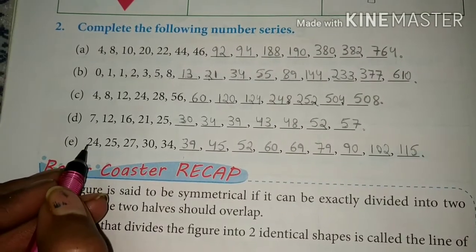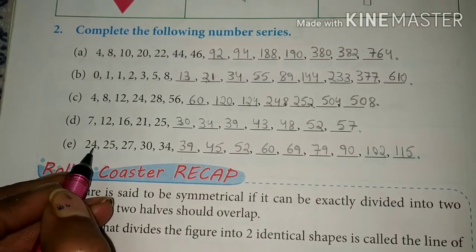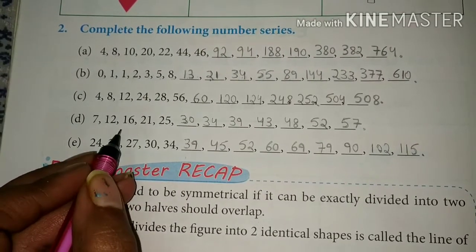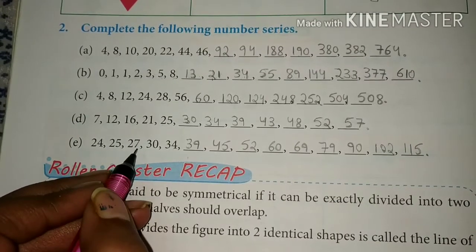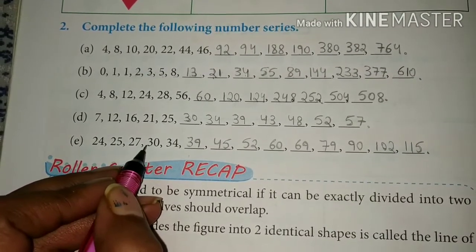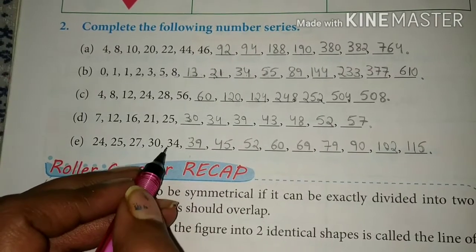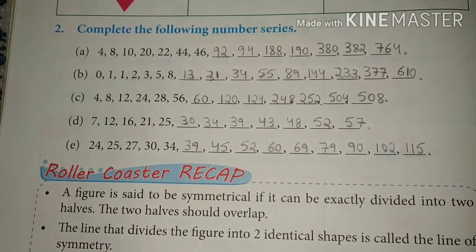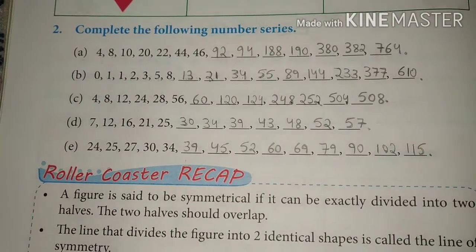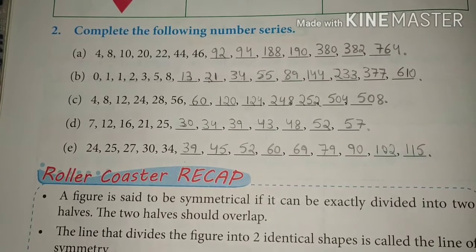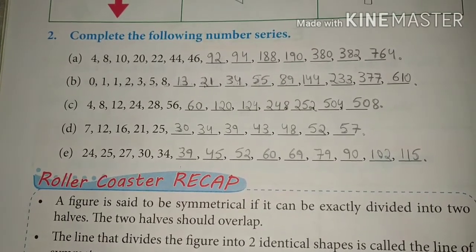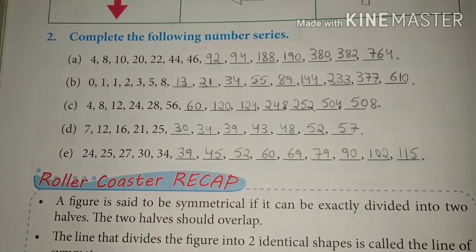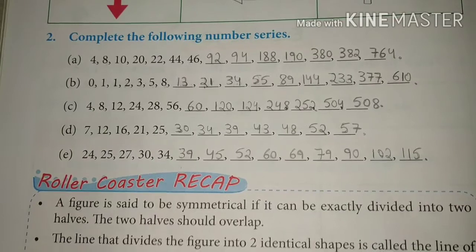So, 24 plus 1 is 25. 25 plus 2 is 27. 27 plus 3 is 30. 30 plus 4 is 34. So students, in this question, we have to add 1 to the number and then add 2 to the number and then add 3 to the number and then add 4 to the number. Like this we will go on.